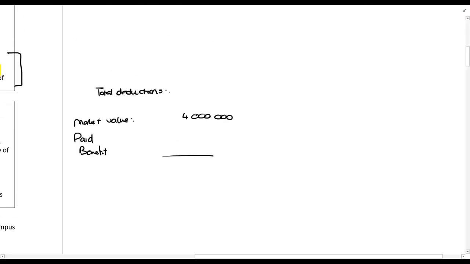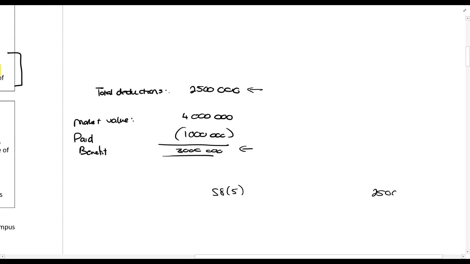So our total lease deductions, 2.5 million rands. We paid 1 million rands for this. So market value less the amount paid is 3 million rands. We want to tax you on the full benefit. Maximum can be 2.5 million rands. So section 8.5, 2.5 million.